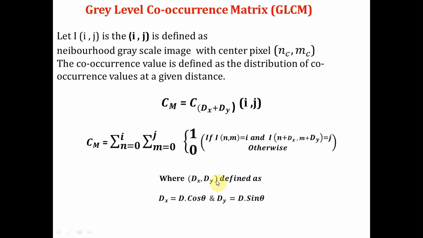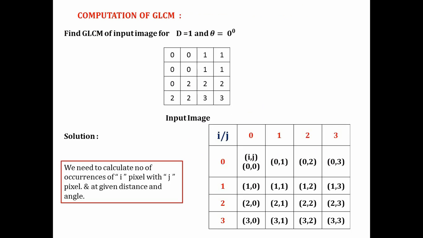Okay, we'll proceed with the example. Now suppose you want to find the gray level co-occurrence matrix for an input image like this, with d equal to 1 and theta equal to 0. Now what are the steps? We need to calculate the number of occurrences of pixel i with pixel j at a given distance and angle.